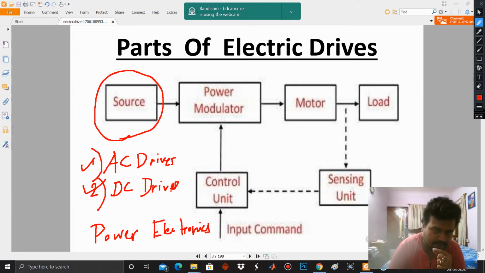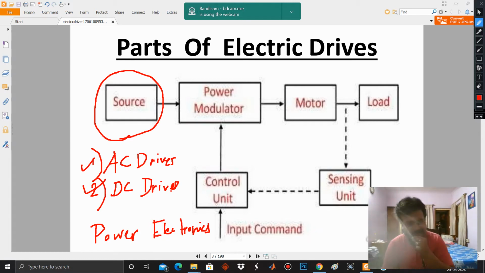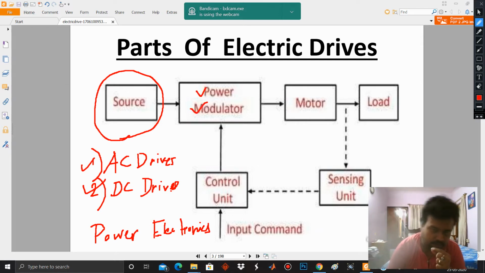Now there is something called power modulator. This is very important. Now what is a power modulator? It consists of two terms: one is power, another is modulator. Whatever power or input you are giving to the motor has to be modulated.